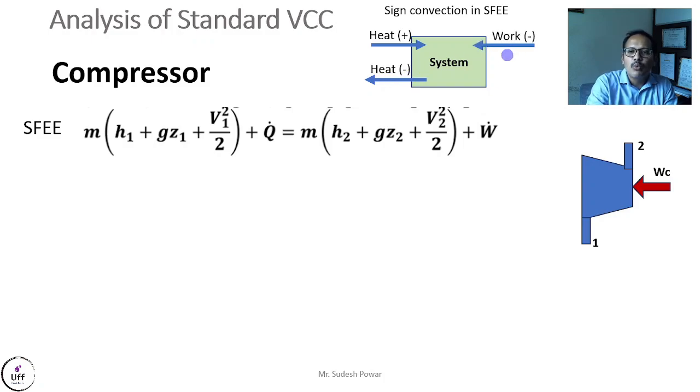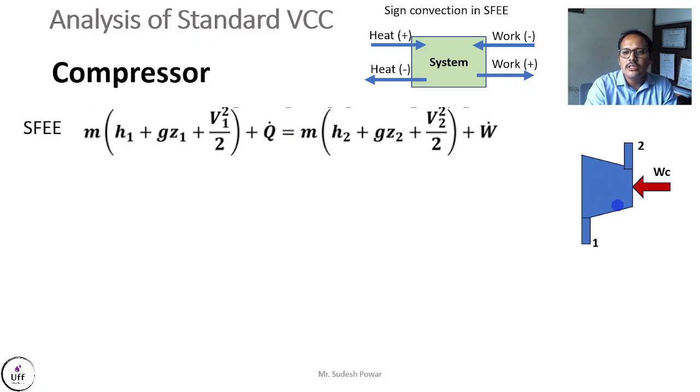Likewise, work provided to the system is considered negative, and work obtained from the system is considered positive. This is the sign convention we are going to follow for the steady flow energy equation.